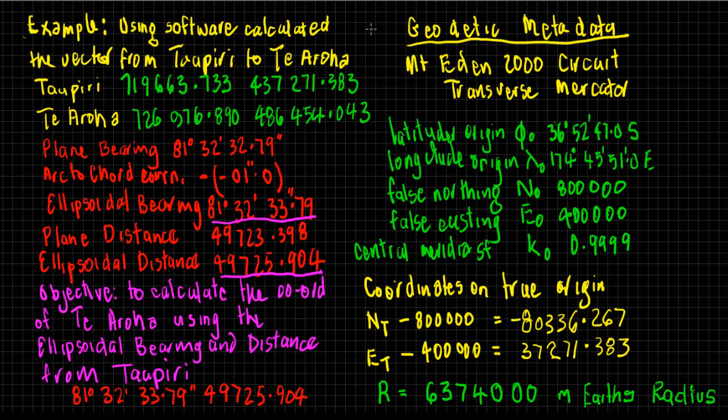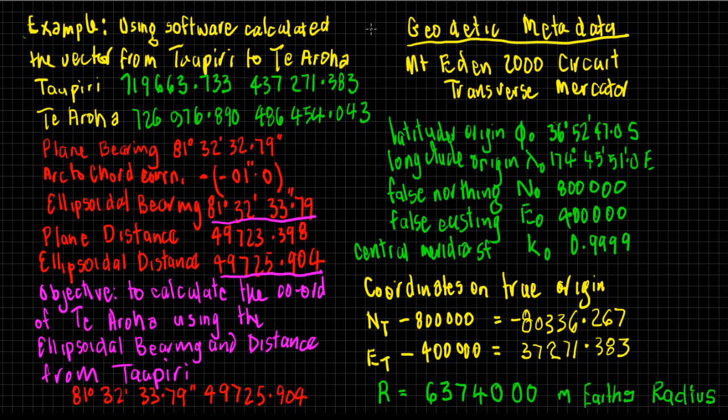So we need to find out a little bit of information about our projection. These particular coordinates are in the Mount Eden 2000 circuit, which is a transverse Mercator projection. There's the latitude of the origin, longitude of the origin, false northing 800,000, false easting 400,000, and the central meridian scale factor of 0.9999.